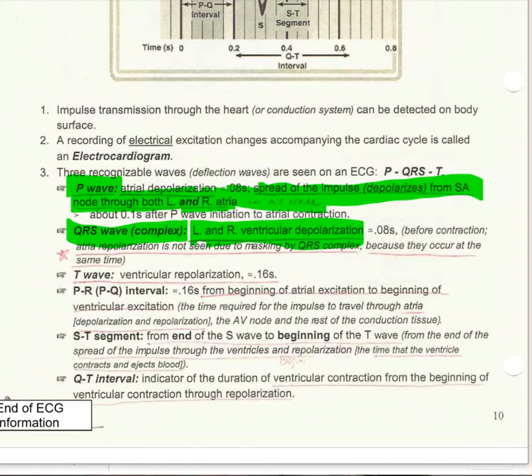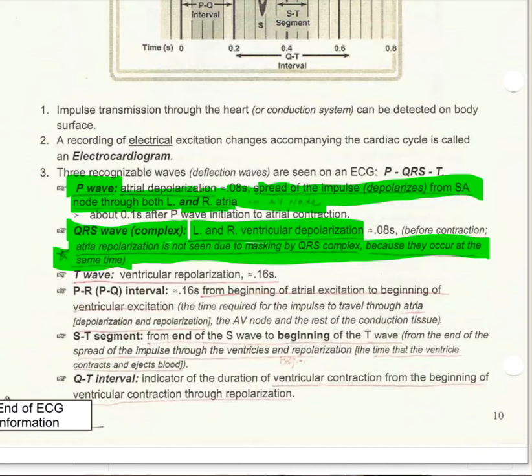Now, at the same time, the atria have already contracted. They are repolarizing. The atria are repolarizing but this is not seen because it is happening behind the QRS complex.